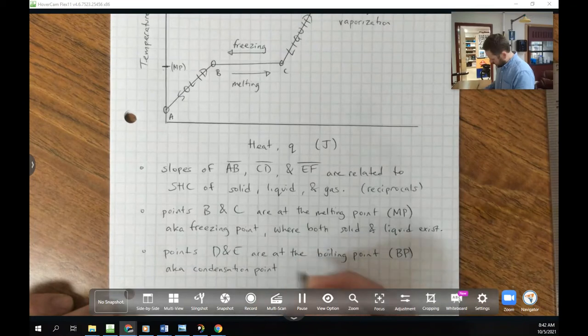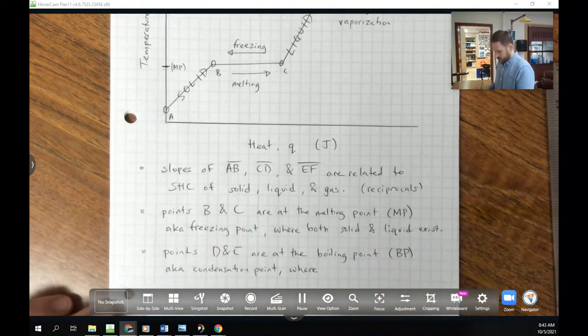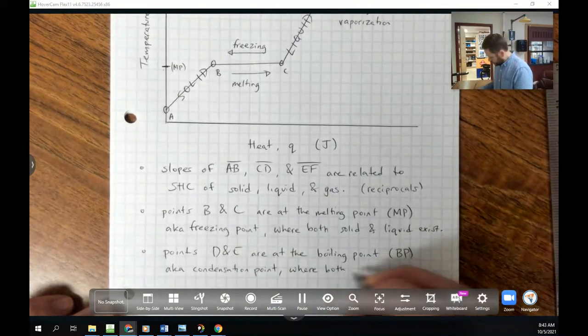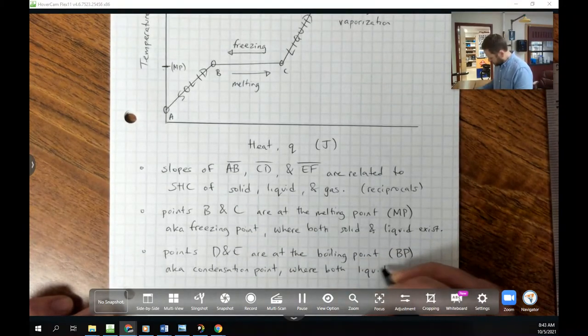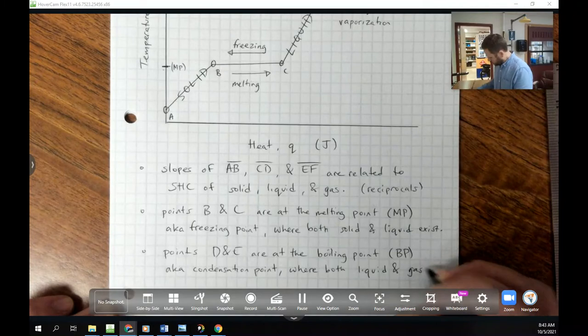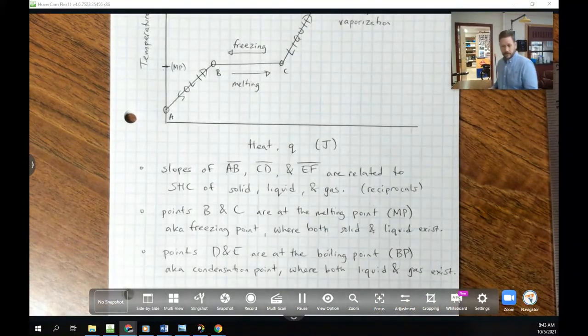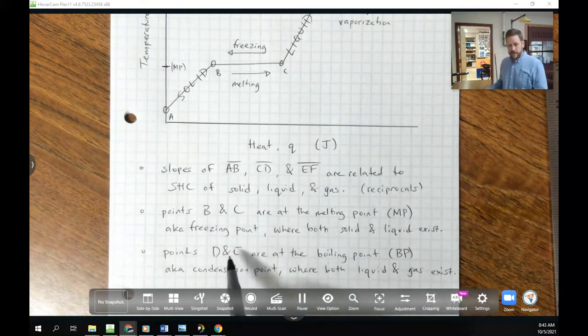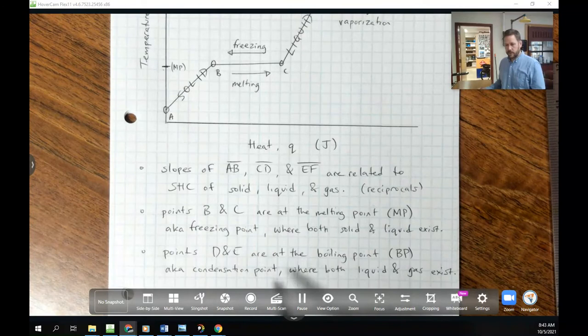And of course, at that temperature, we're going to have both liquid and gas existing. Points D and E are at the boiling point, aka condensation point, where both liquid and gas exist.